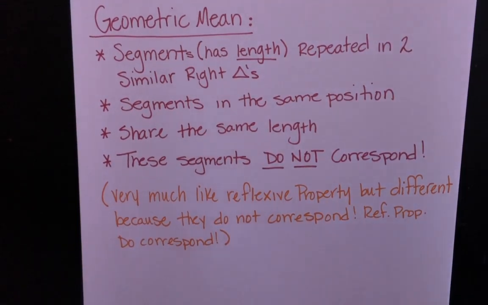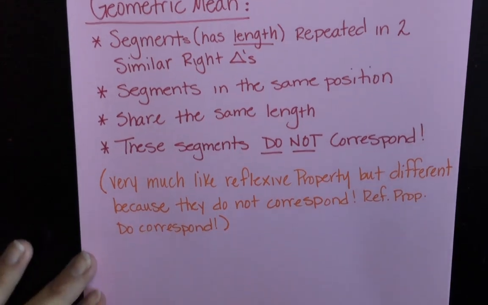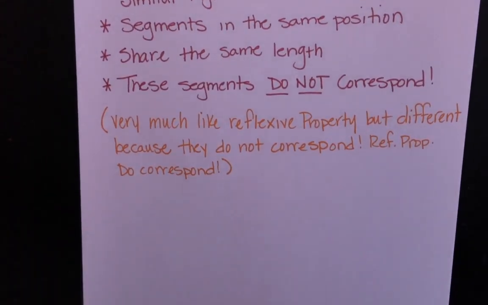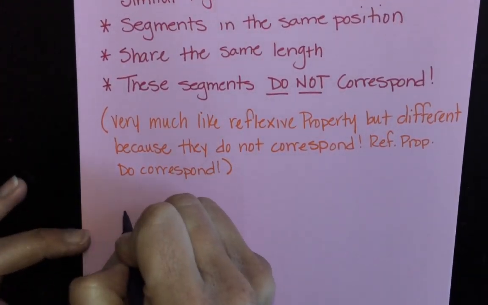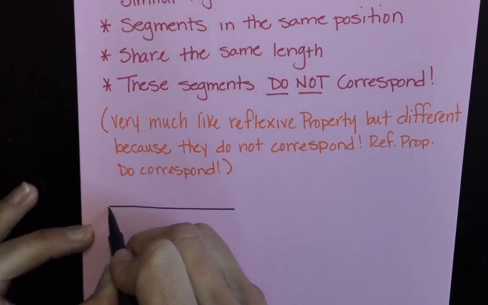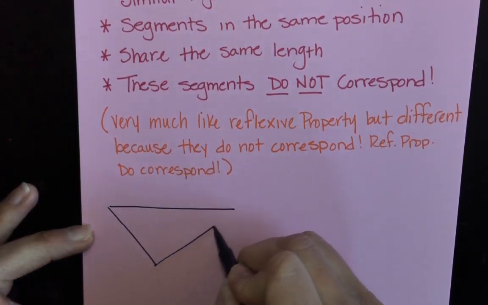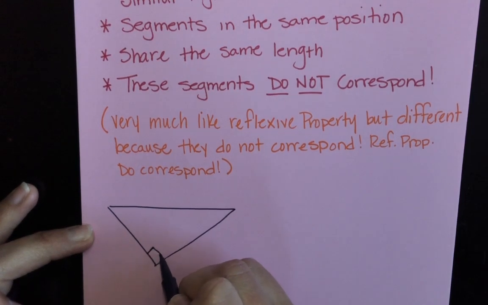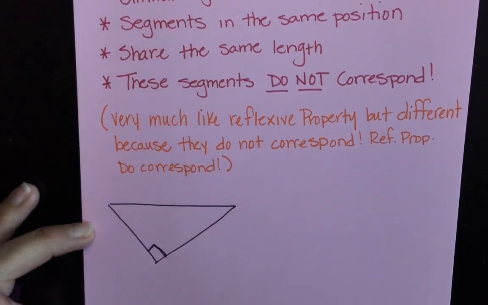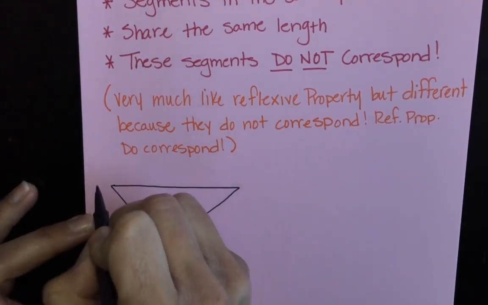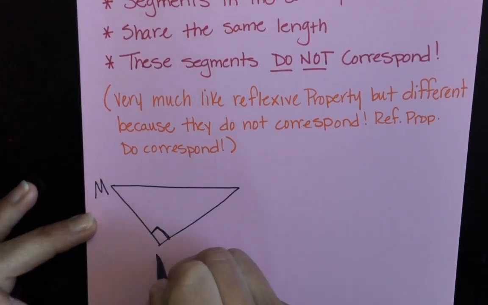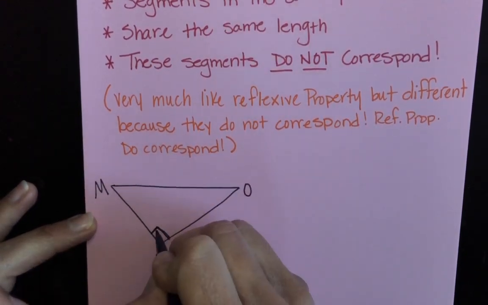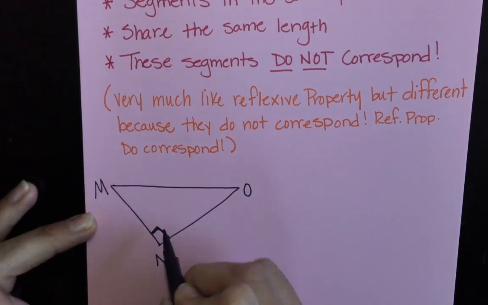All right, so I'll leave you with this picture. Here's our original right angle. I'm going to name this triangle MNO. So there's our original right angle.